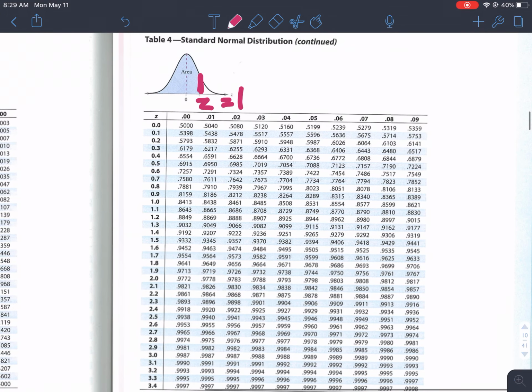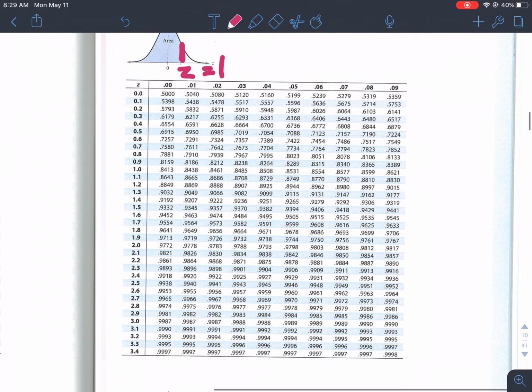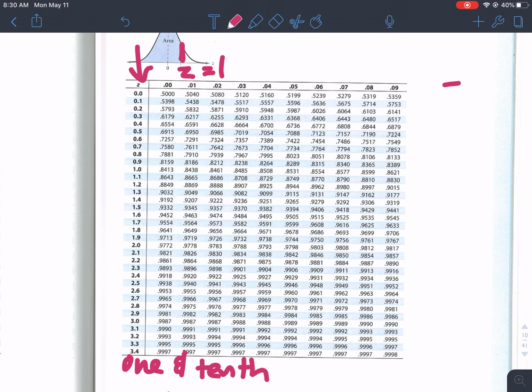So this table has a column, and this column represents the ones and tenth place. Okay, so for example, 3.4. So this is the 1 and tenth. And then this column over here is the hundredth place. So we're always going to have a z-score rounded to the nearest hundredth.